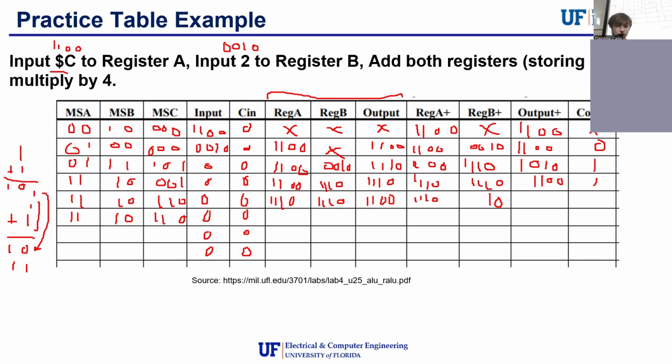Then if we add 1 and 1, we get a 0 with a carry. And then we have 3 1s, so we'll have a 1. Oh, well, I guess I'm putting that in register B. So 1, 0, 1, 0. And so 1, 0, 1, 0. And then register B will be 1, 1, 0, 0. Oh, wait. Register B will be 1, 1, 1, 0. So I guess I did that wrong.